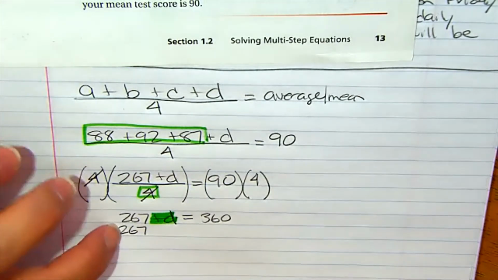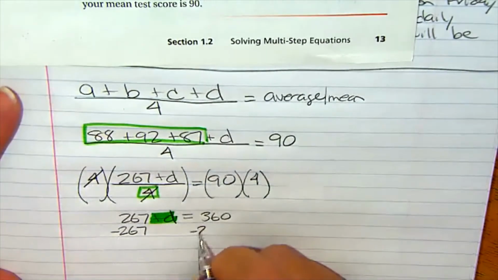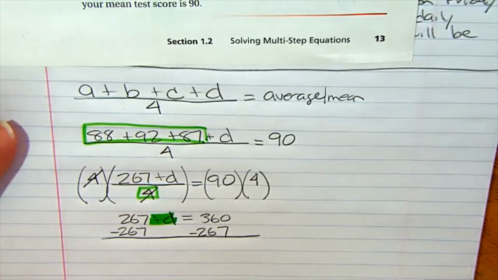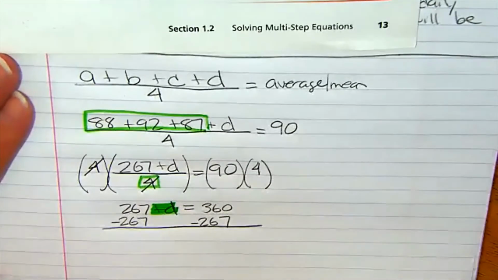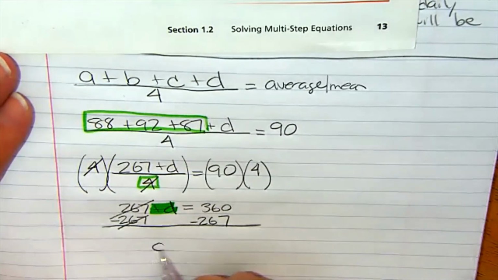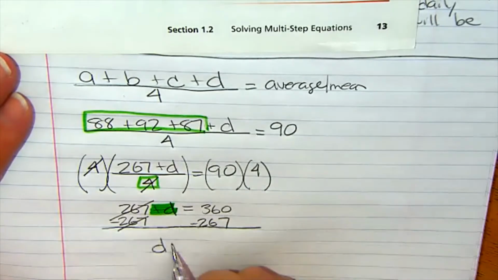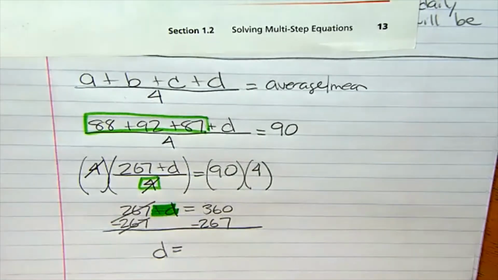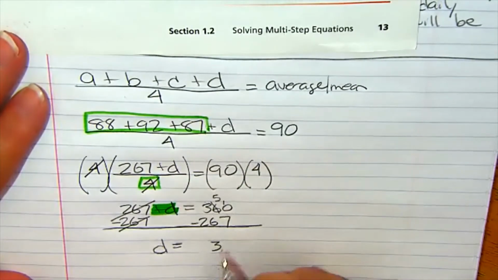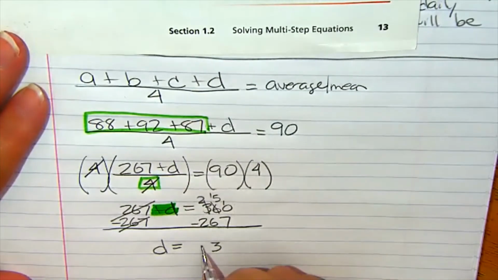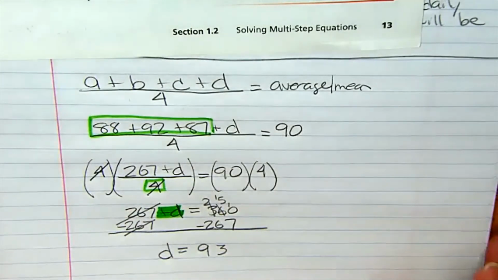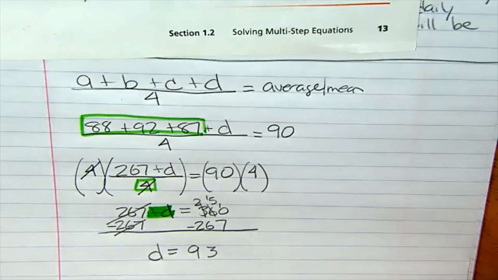And what we do to one side, we must do to the other. So these guys cancel, and I'm left with D equals, I have a positive and a negative, so I'm going to subtract. So D equals 93.